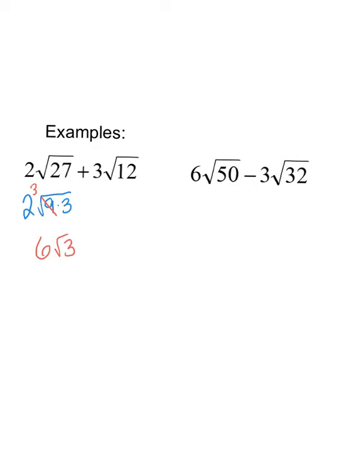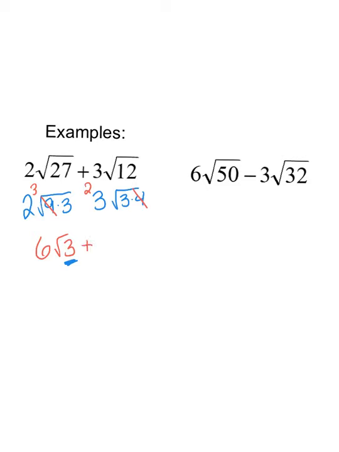Now I can cheat a little bit. Because the question is asking me to add, what I'm going to do is try to find factors of 12. Hopefully, one of them is a 3. So 3 times 4 gives me 12. The square root of 4 is 2, so that comes out front.